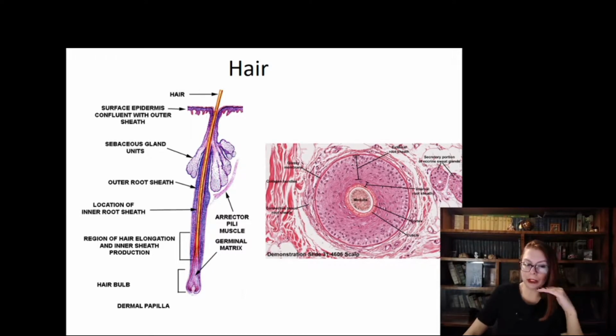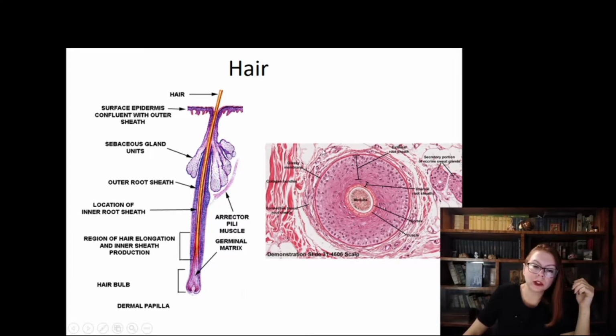If we make a cross section through the hair follicle, we will find that the outer layer of the follicle is surrounded by the so-called external root sheath. This is the invagination of the superficial epidermis. When the epidermis invaginates, it forms the external root sheath with many layers.